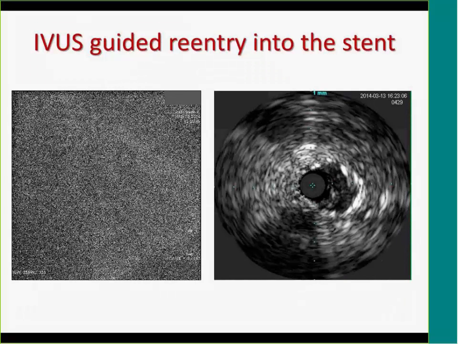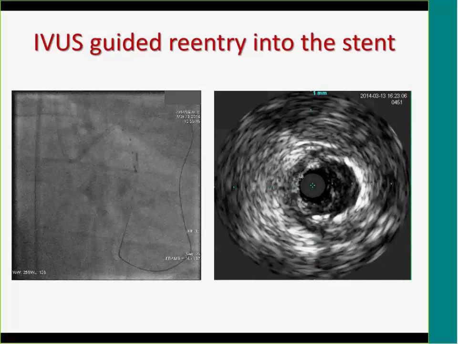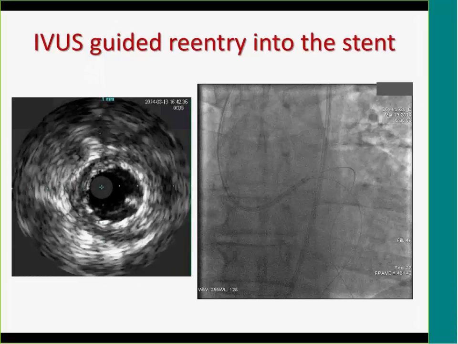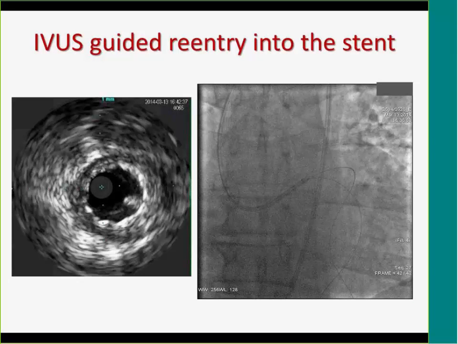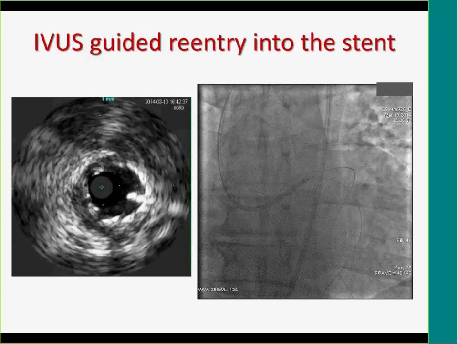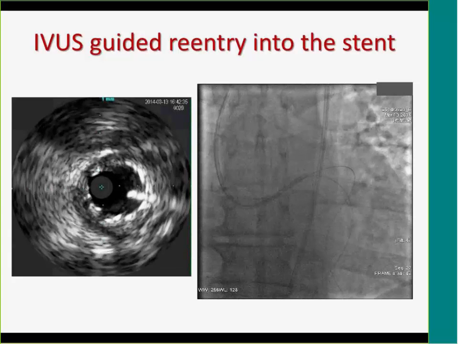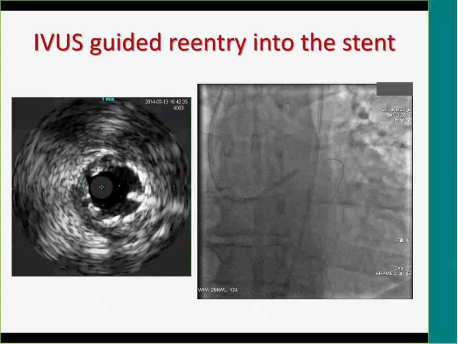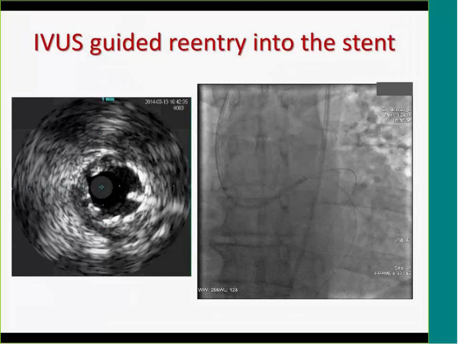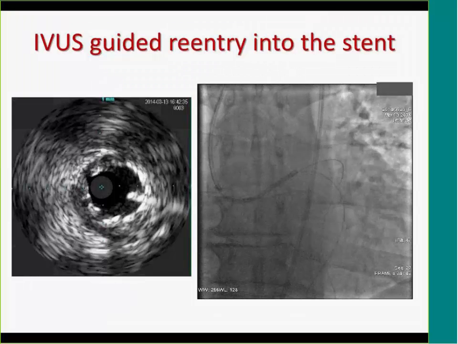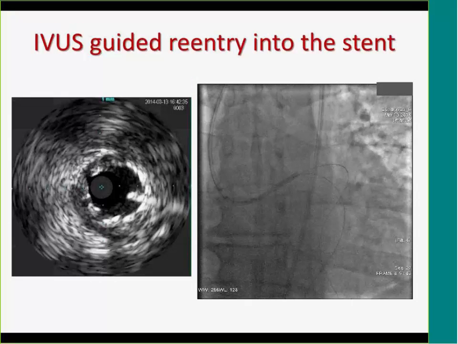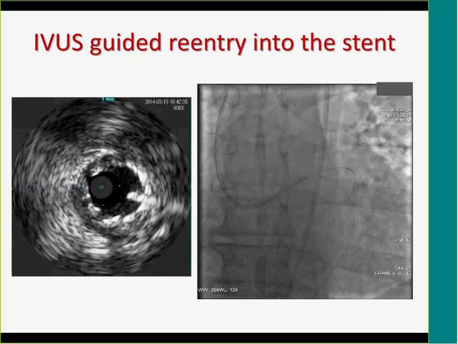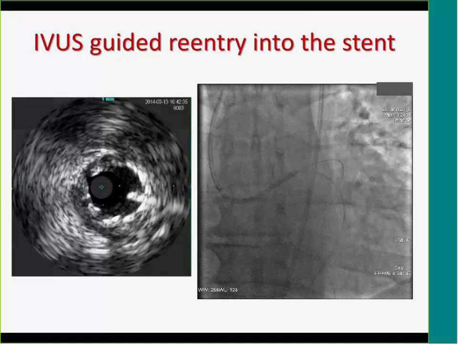Finally, after several attempts, with the guidance of the IVUS, we could enter into the true lumen, across the cell of the stent at the proximal cap, and got with the wire into the guiding catheter.